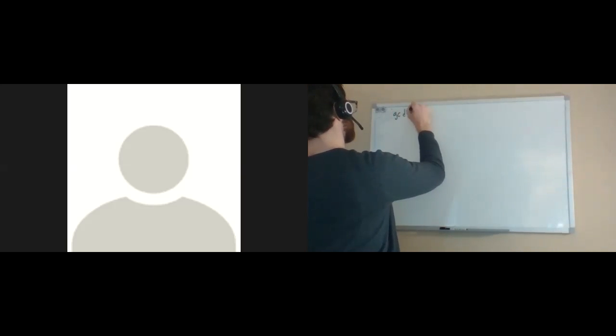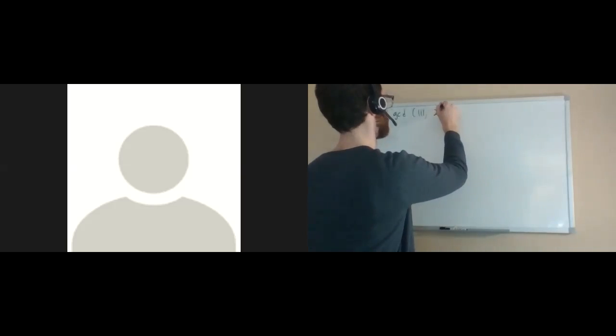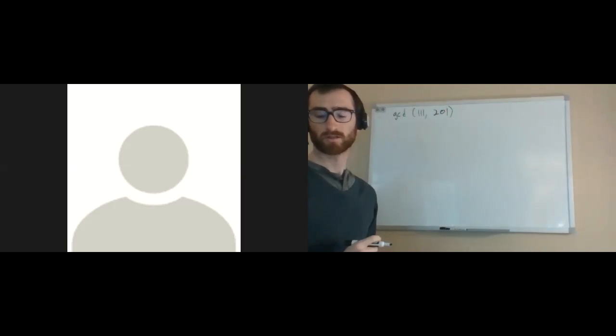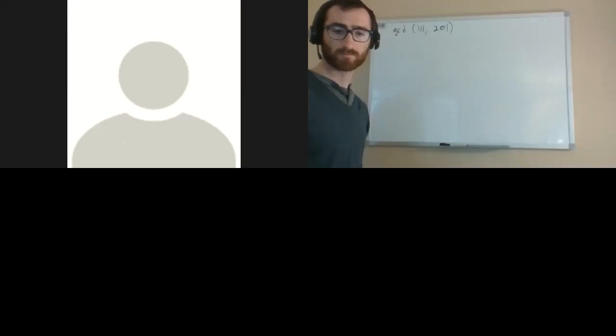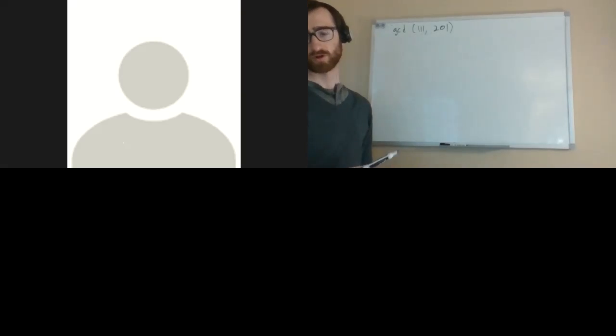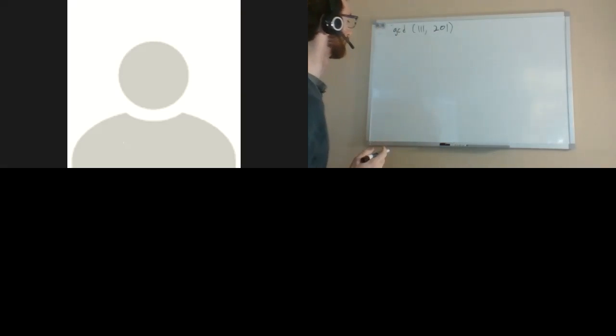How about the GCD of 111 and 201? Have you done this one? 32 you've done? Have you done 111 and 201? Yeah, sure. That's true. There's no problem in doing it again.